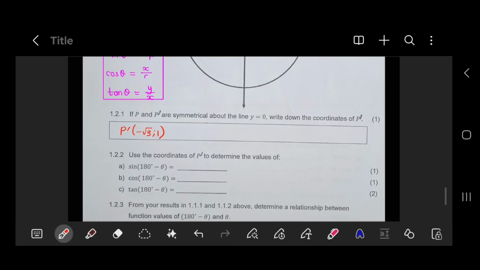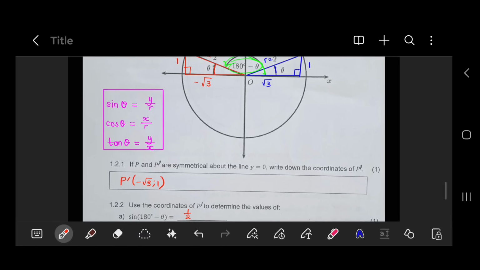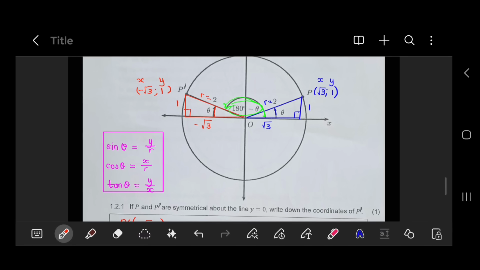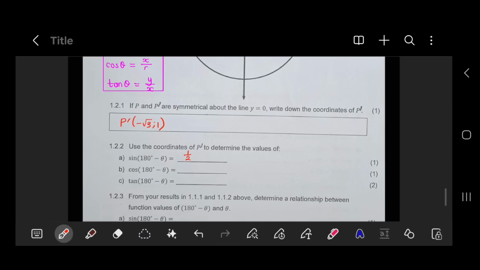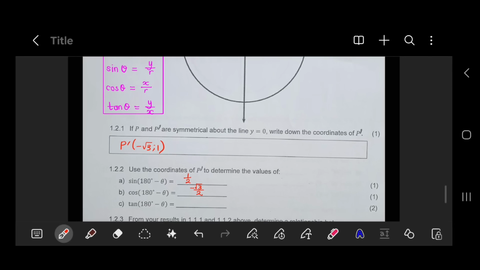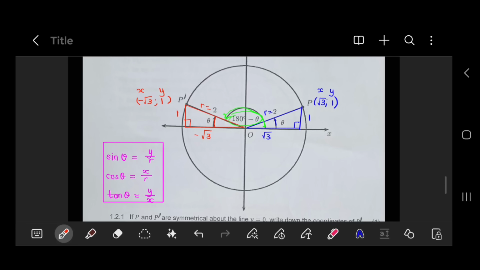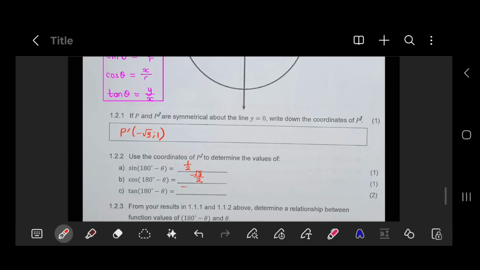So sine of 180 minus theta is going to be 1 over 2. Cos of 180 minus theta is going to be x over r. x is negative square root 3, r is 2. Tan of 180 minus theta is y over x, so it's going to be 1 over negative square root 3.